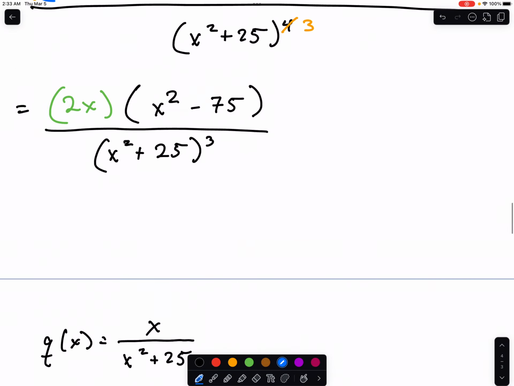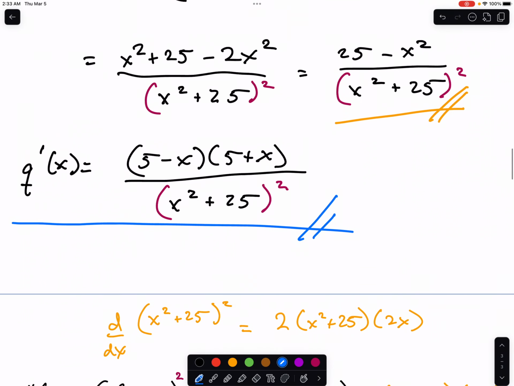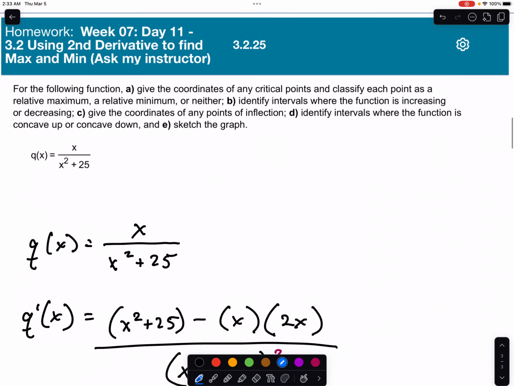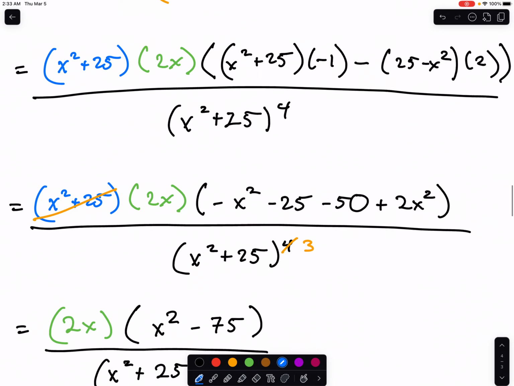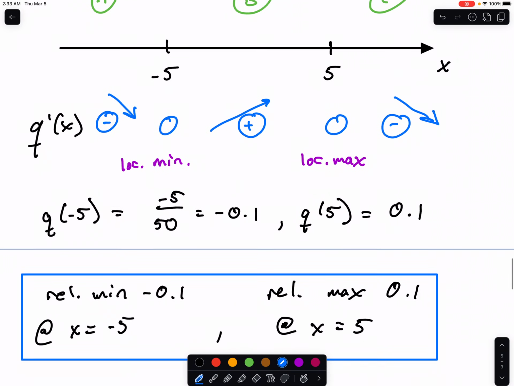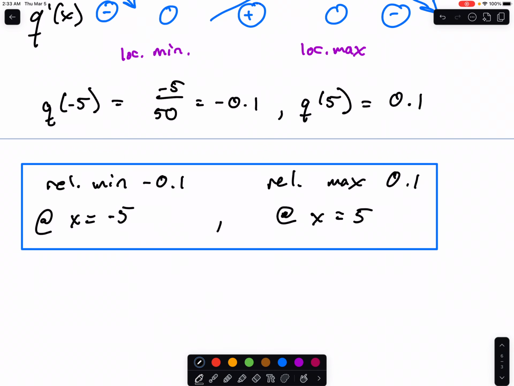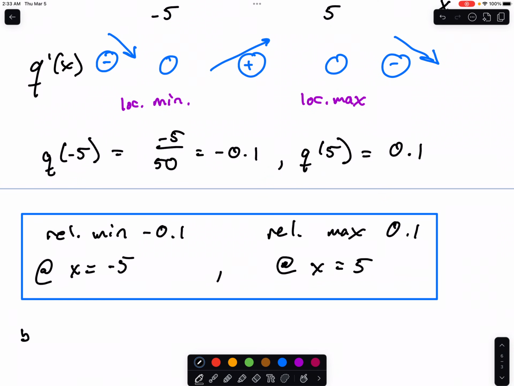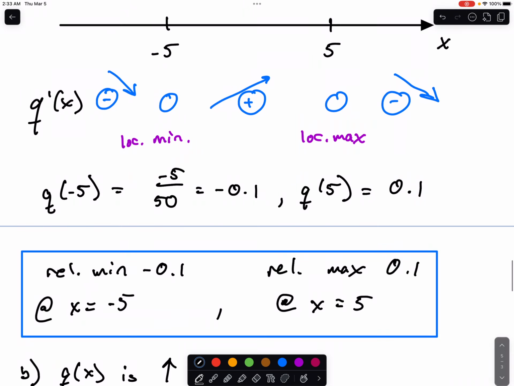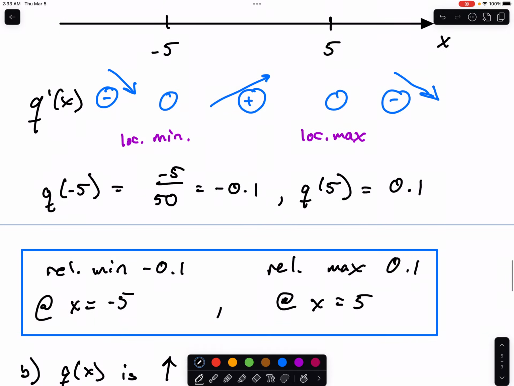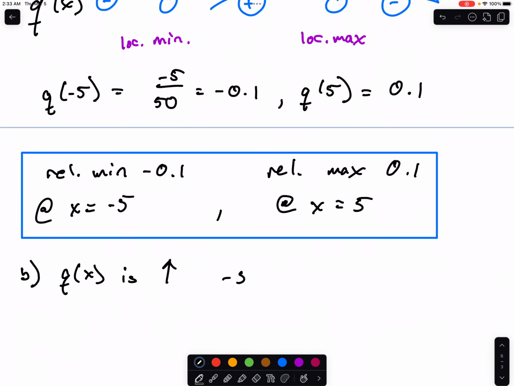Okay, so for part B, it says identify the intervals where the function is increasing or decreasing. We've done that already from right here, so let's just capture those results. For B, Q is increasing as x goes from -5 to 5, in open parentheses.